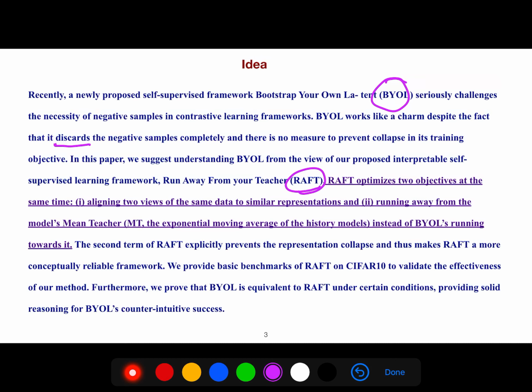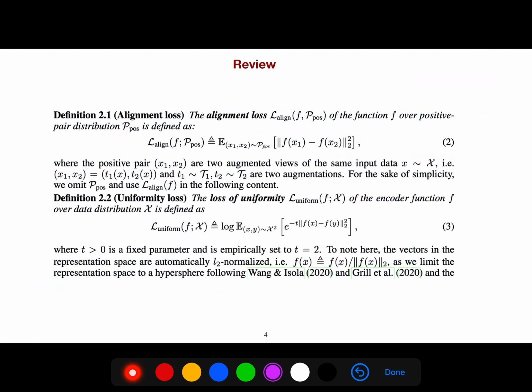The second term of RAFT explicitly prevents the representation collapse and thus makes RAFT a more conceptually reliable framework. We provide basic benchmarks of RAFT and BYOL to validate the effectiveness of this method. They proved that BYOL is equivalent to RAFT under certain conditions, providing solid reasoning for BYOL's counterintuitive success.